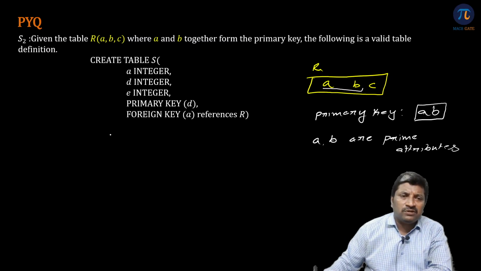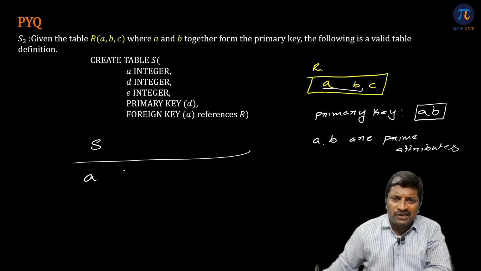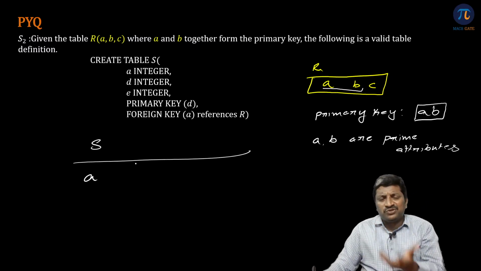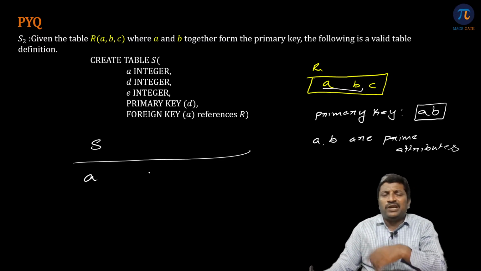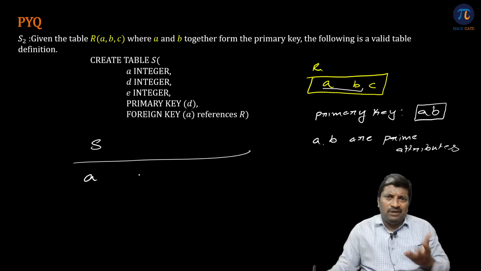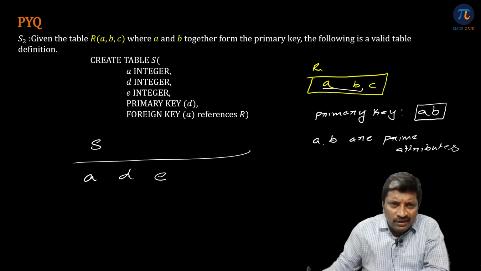Fine. Now coming to second table S. A is an integer. So two relations may have the same name, but they may not have connection. Something like in student I have name, in employee I have name, in customer I have name. Okay, A, D, E. D is the primary key, they are saying, sir, it's no problem.